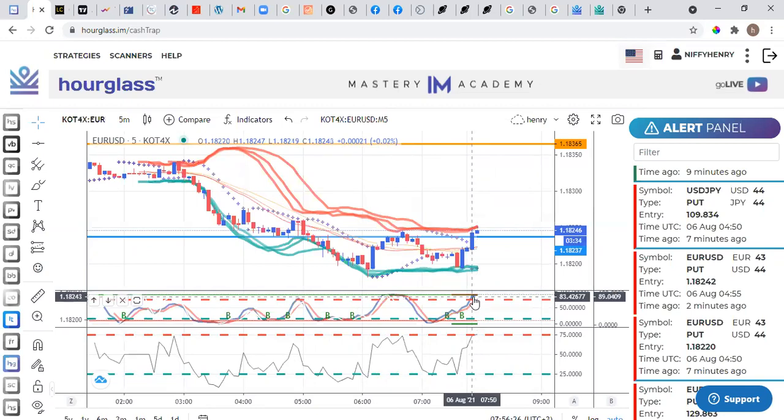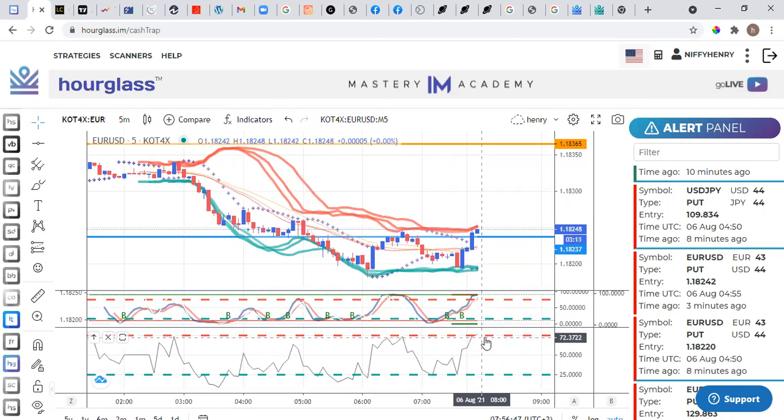Yes, so I want it to be facing down. When it faces down to cross the line again, that's when I will be looking for a sell. The RSI has not even gotten there yet, so I want the RSI to confirm. You want more confirmation. You want the RSI to cross up very well, and then to be planning to come down.